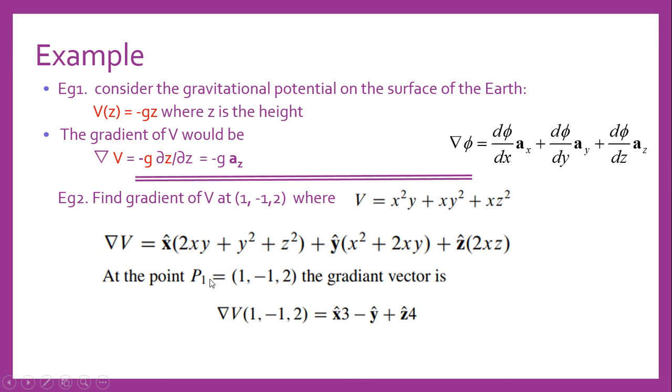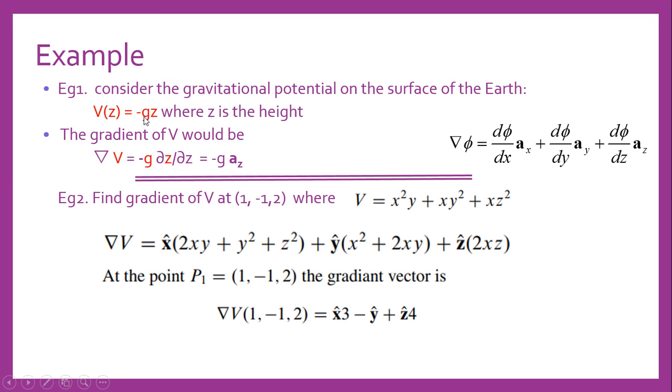You can see an example here. Consider the gravitational potential on the surface of the earth. Here g is the gravity constant, and we want to find the potential due to gravity. So V is a function of g into z, where z is the height. If you are lying on the surface of the earth, we have the large gravity at the center of gravity. If you go on rising to a higher altitude, the gravitational pull decreases.